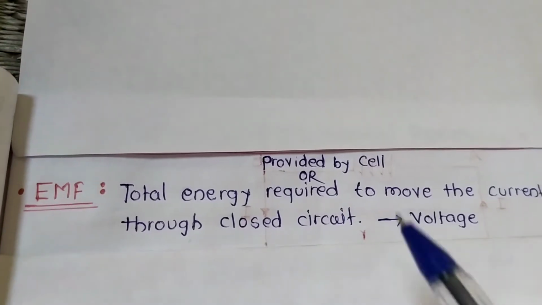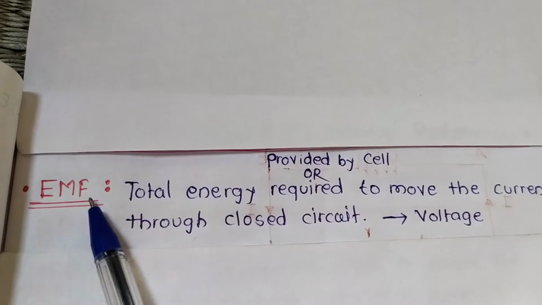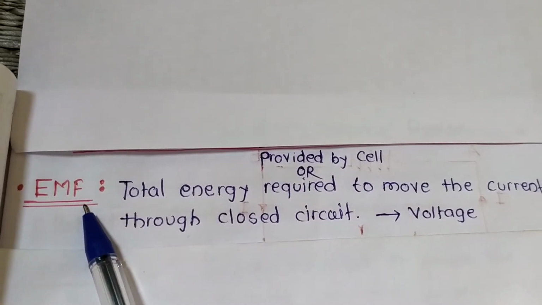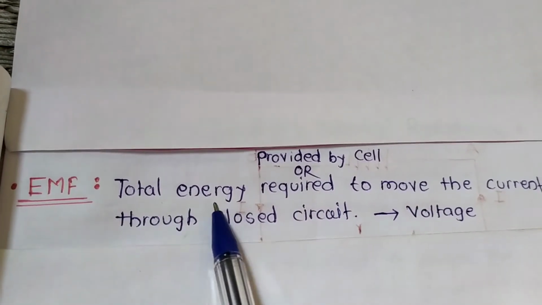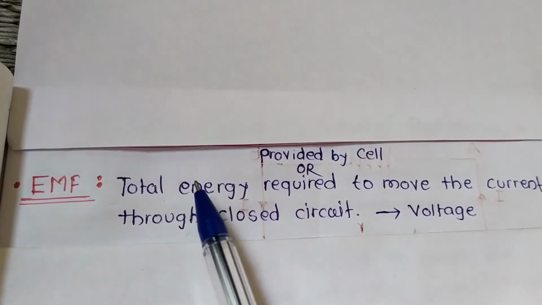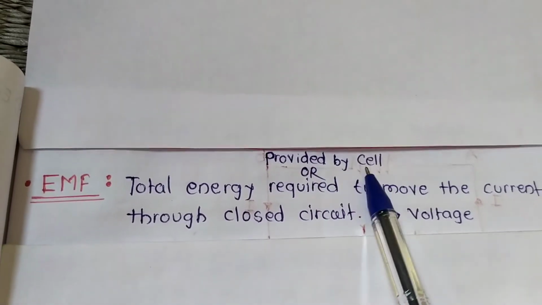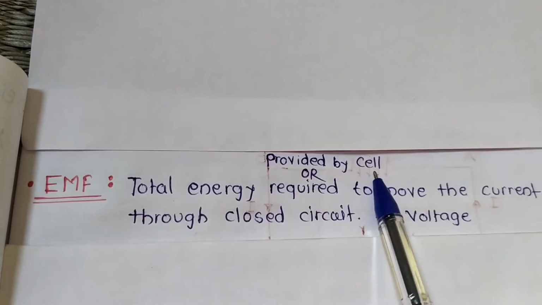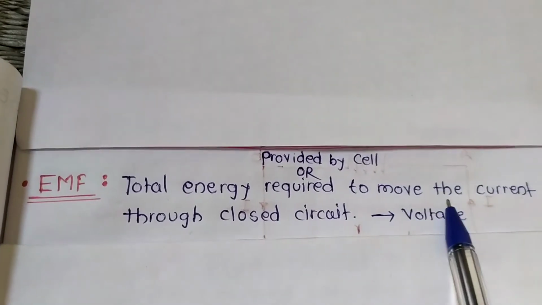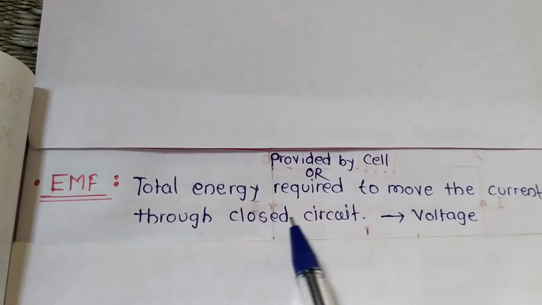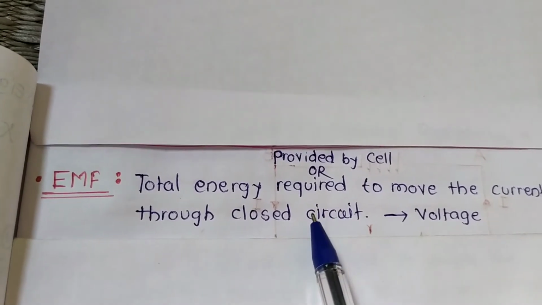See the simple definition of EMF, electromotive force: the total energy required or total energy provided by a cell or any source to move the current through a closed circuit.